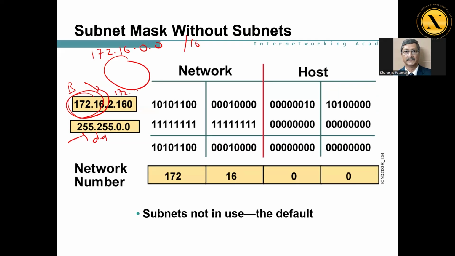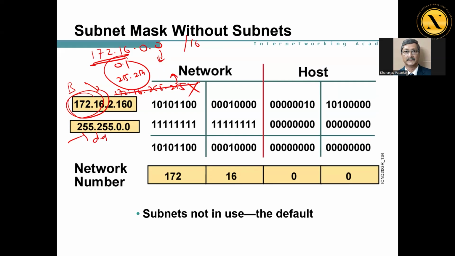And 172.16.255.255 will be the broadcast IP address, which you can't use. First will be 172.16.0.1. Last will be 172.16.255.254. One less here, one less here, one more there. Fourth octet only. Correct?